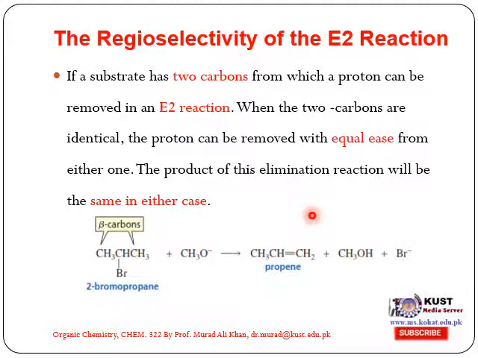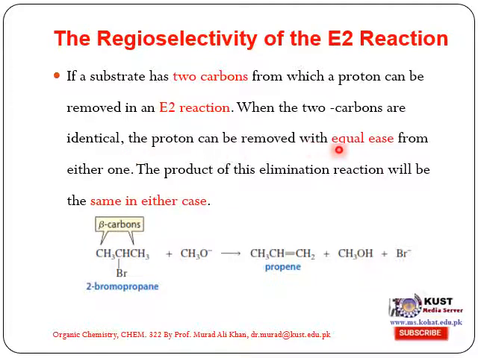But if a substrate has two carbons from which a proton can be removed in an E2 reaction, and the two carbons are identical, like here in this case, we have 2-bromopropane, with bromine attached to this carbon and two methyl groups attached, then both beta carbons are identical.